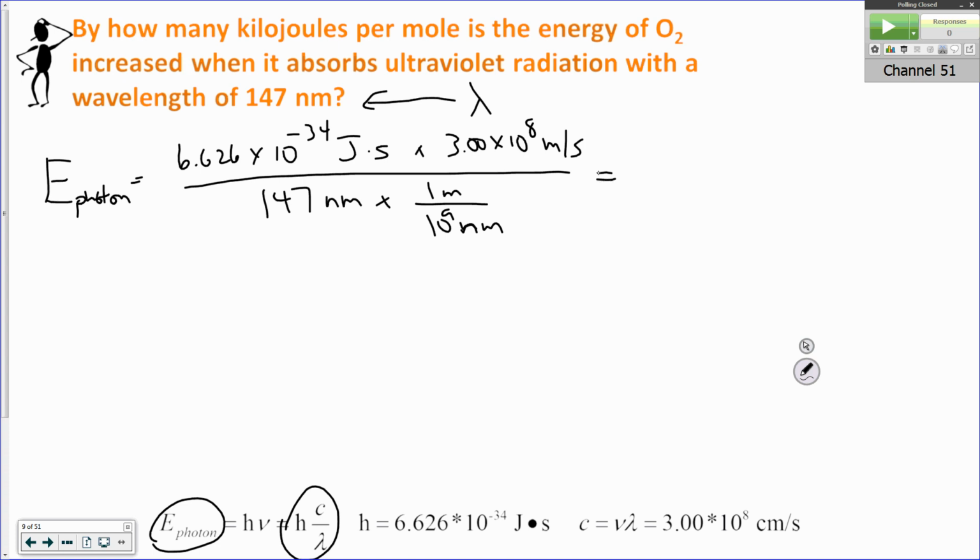All right, let's see what we've got for units at this point. The nanometers would cancel out. The meters and the meters would cancel out. I've got seconds on bottom, seconds on top. I'm left with joules, and I'm looking for energy, so let's type it. Okay, so now it's just cranking it out.